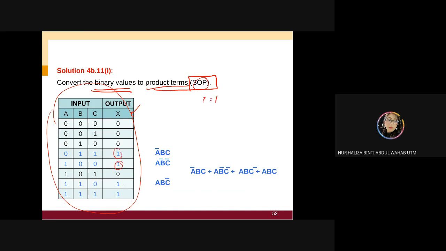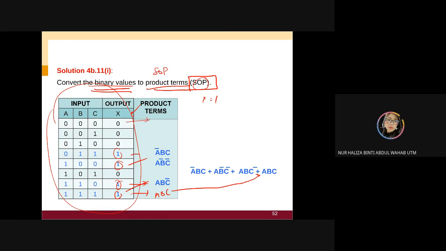So from here, you just convert the terms. Where is another one? A, B, C. So you will get the SOP. You can also convert the binary value to the product sum of term, which is POS.